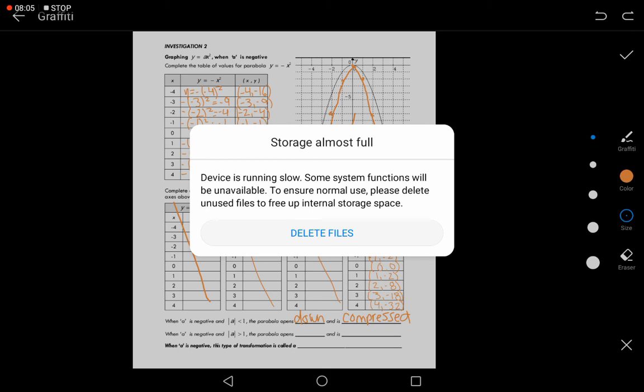I'm not too worried about the terminology there. And then just like before, we're either compressed or stretched. If we are compressed, we're going to appear as wide. If we are stretched, we are going to appear as thinner.